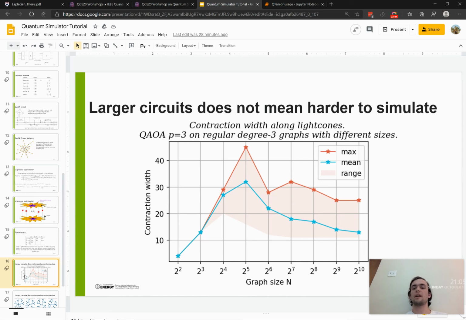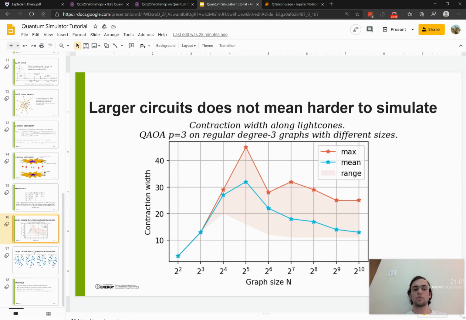And in fact, it is harder to simulate 30 or 60 node graphs than 1000 node graphs, which is what you can see on this picture. The contraction width is exponential. The simulation cost is exponential with contraction width. So in fact, this is equivalent to looking at a logarithmic graph of simulation time or simulation memory.